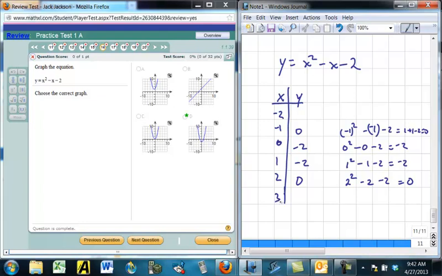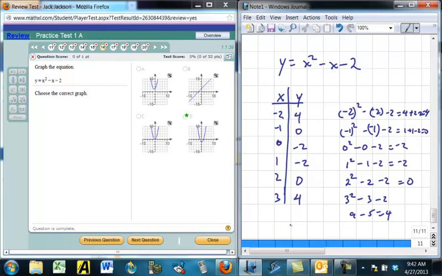And then, either 3 or negative 2 should give us the same thing as well. Negative 2 squared minus a negative 2 minus 2 is 4 plus 2 minus 2, which is 4. And 3 squared minus 3 minus 2 is 9 minus 5, which is 4 also.